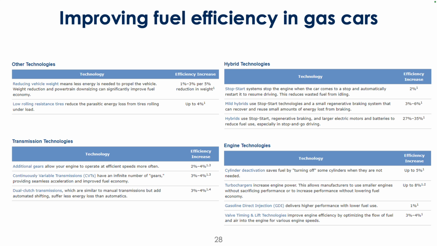It's very cheap and can improve efficiency by quite a bit, up to 4%. Transmissions like CVT, continuous variable transmission, dual clutch transmissions, and hybrid technologies like start-stop ignition can all improve the efficiency of the gas car and are not really related to the direct drive cycle performance.